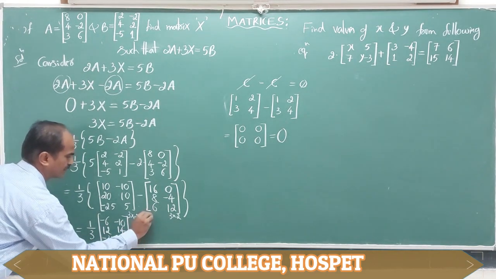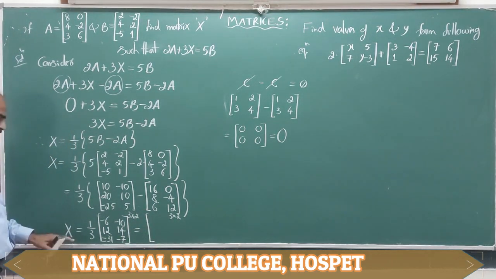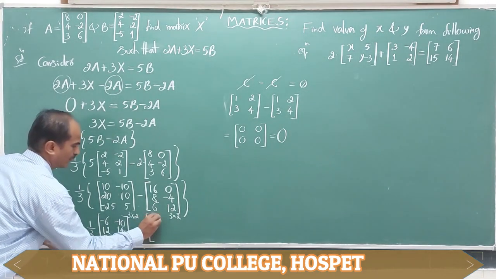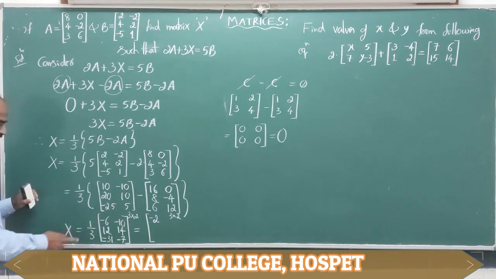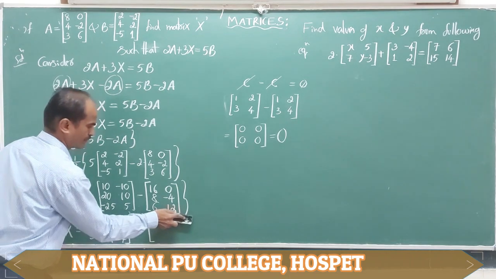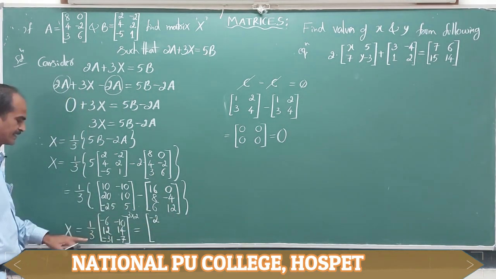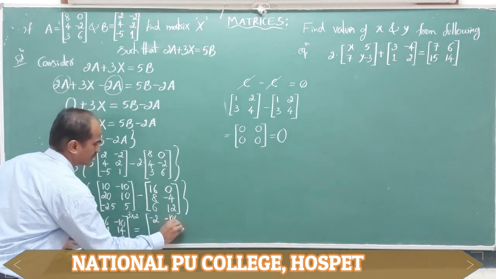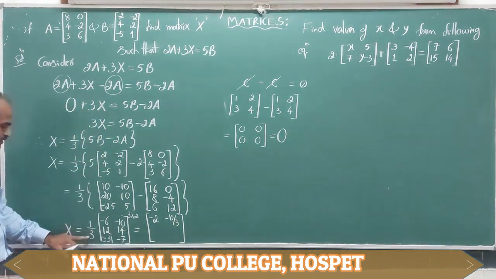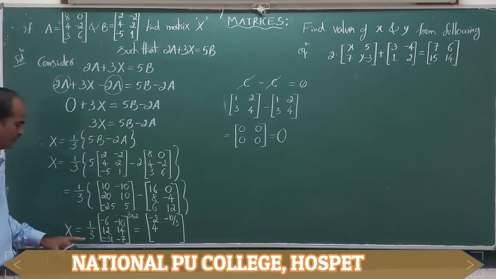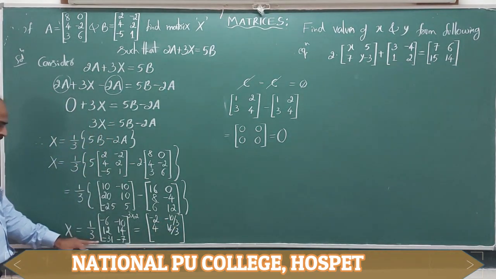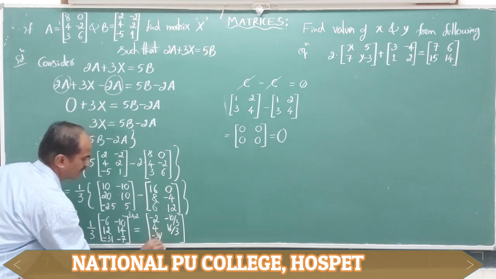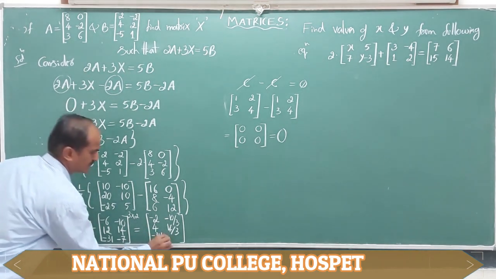So in this way, the resulting elements, multiplying all the elements by 1 by 3: 1 by 3 times minus 6 is minus 2, 1 by 3 times minus 10 is minus 10 by 3, 1 by 3 times 12 is 4, 1 by 3 times 14 is 14 by 3, 1 by 3 times minus 31 is minus 31 by 3, and minus 7 by 3.